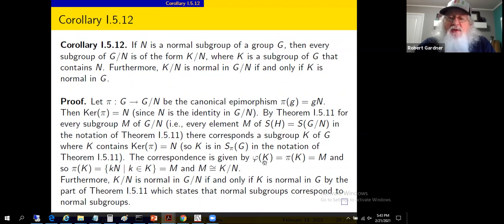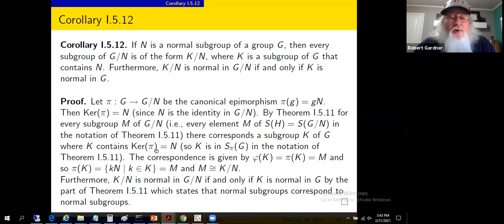The correspondence is given by, I guess we got this out of the proof, we introduced the pi's and the mappings. We introduced the phi. Phi of K was defined to be pi of K equals M. Pi of K, under the canonical epimorphism, would be the K ends.